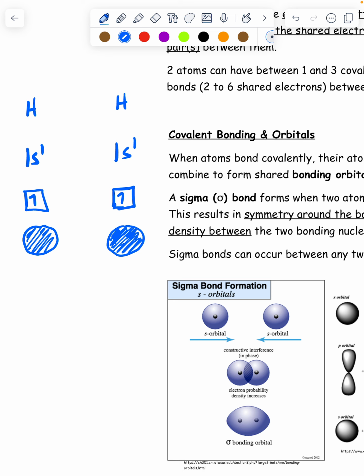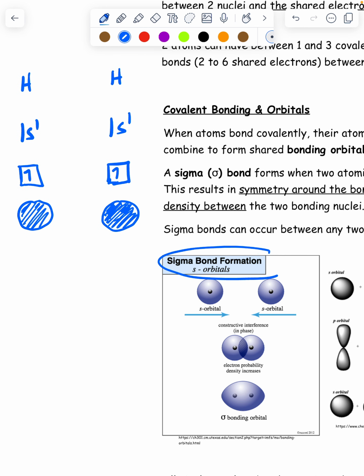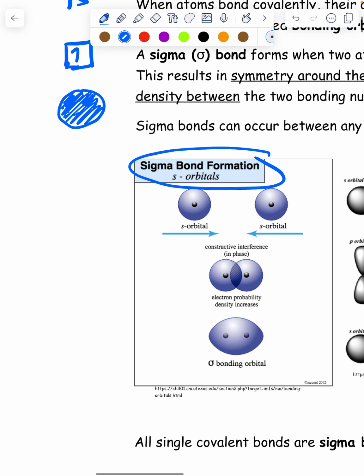When you have atomic orbitals like this and a covalent bond is formed, the idea is that the atomic orbitals overlap with one another and essentially create one larger orbital. So if I think about these two s orbitals and they come together, I get something like the picture down here, where the two s orbitals start to merge with one another, and they create one larger orbital around those two atoms, and mostly the electron density would be in between the two nuclei.